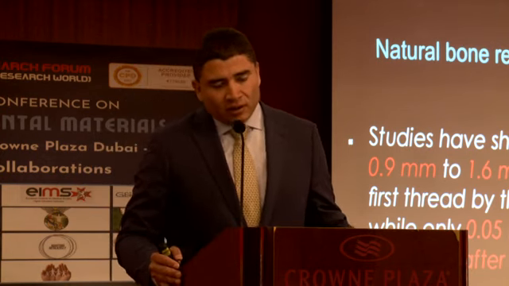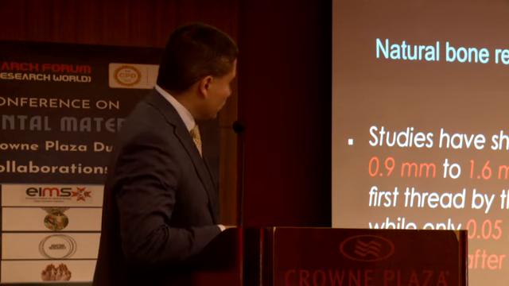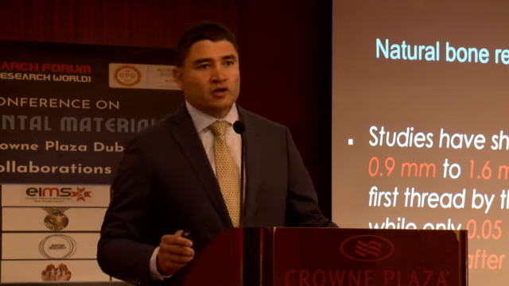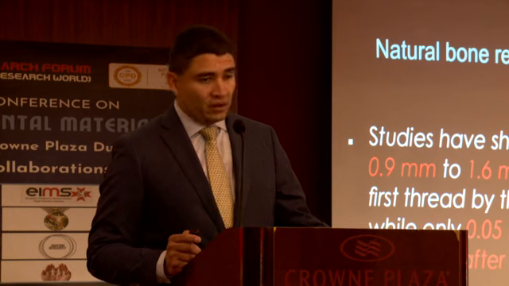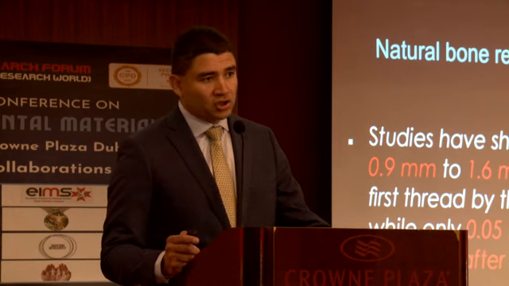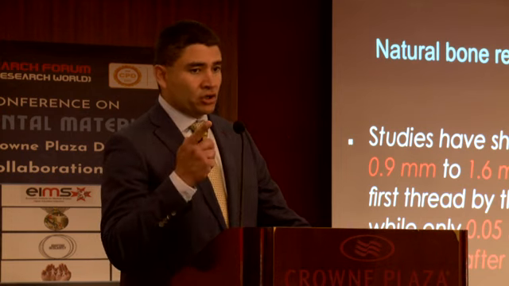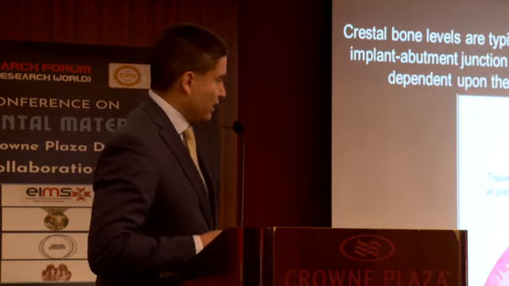Now, what you have to understand is what this bone loss in the first year corresponds to. That corresponds to what we call biologic width. So this is physiologic bone loss around implants that is expected, that is predictable, and that you can control. Okay? So let's look at that particular aspect here.